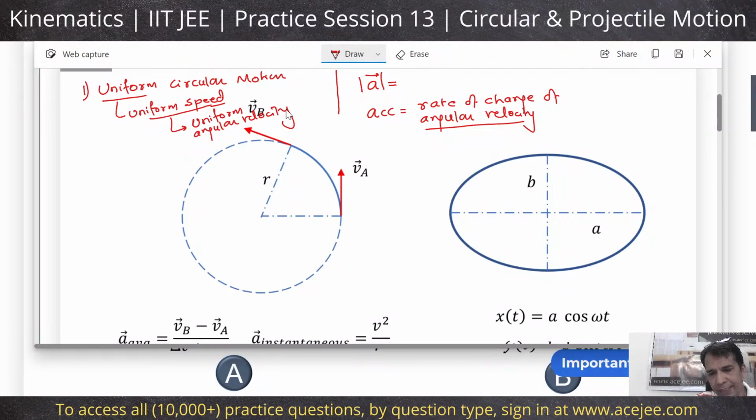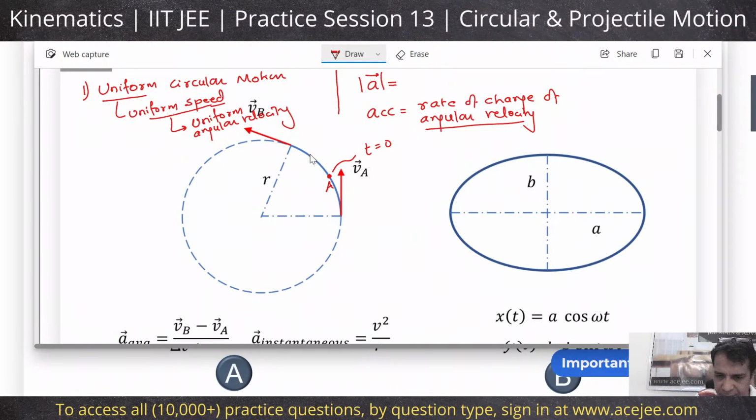For that, let's say the particle is at a certain point A. I'm going to call this point A, and the particle is tracing the circular path in the anti-clockwise or counterclockwise direction. So at time t equals 0, it is here.